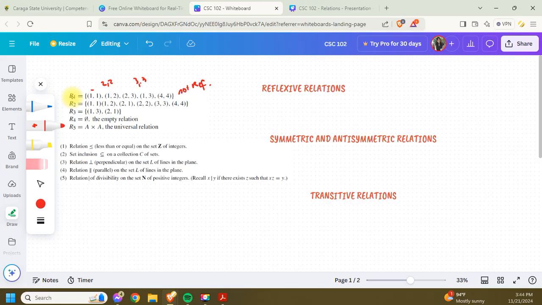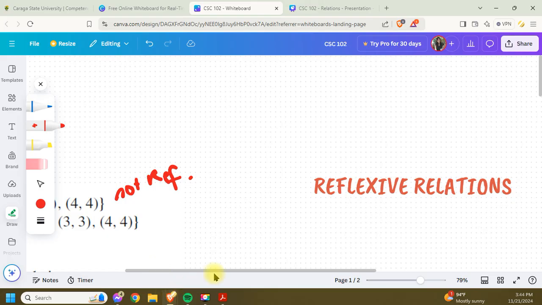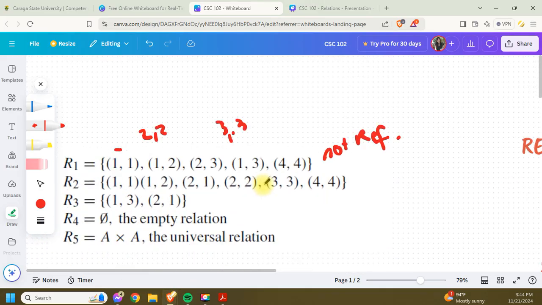Now, for this one, we see 1, 1. So there should be 2, 2, there should be 3, 3, and there is 4, 4. This one has 1, 1, 2, 2, 3, 3, and 4, 4. So, this is reflexive.